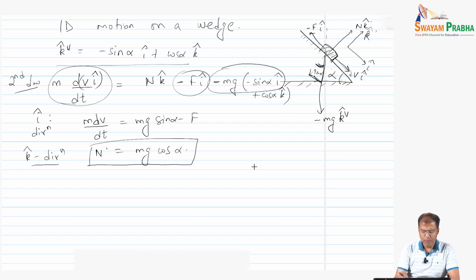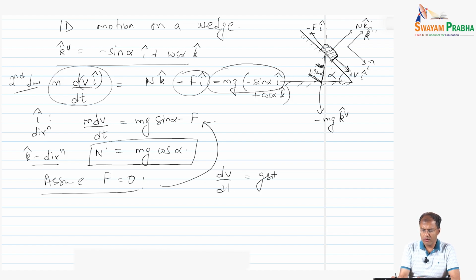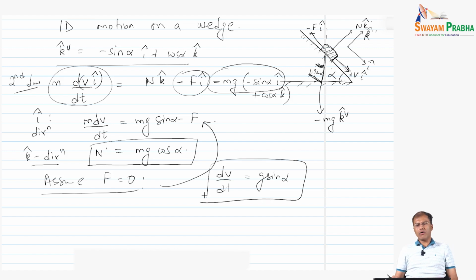Now, suppose further we assume that the friction force is 0 and we try to solve this equation. We immediately see that the equation of motion reduces to dv/dt equal to g sine alpha. So that is our Newton's second law for this motion along an inclined plane. Now suppose this plane becomes a vertical plane.